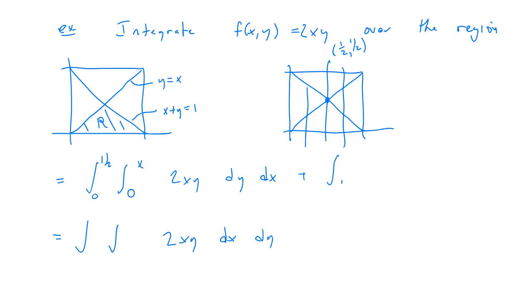But then from 1/2 to 1, now the top function is instead 1 minus x. So for dy dx, what we're looking for is the bottom function to the top function, and then the outside limits say what values of x that is true.